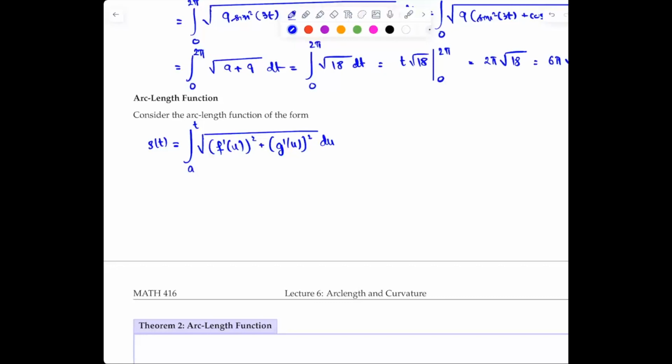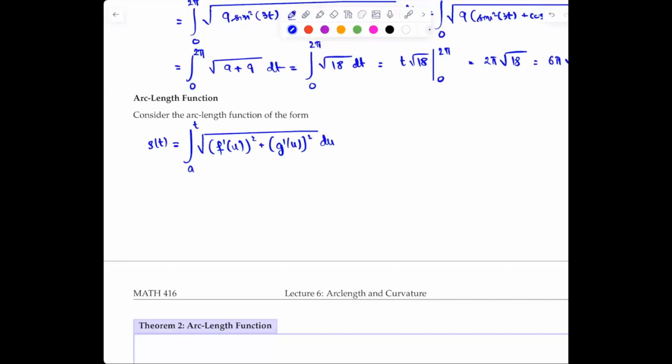It depends on the parameter t. Instead of the constant that we found in the example, now s depends on the variable t. So it depends on the point that you want to consider, and then you may have a different length of the vector valued function.